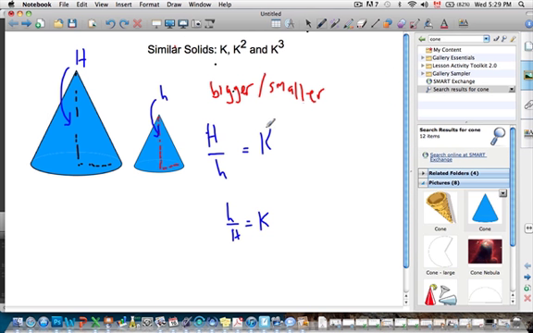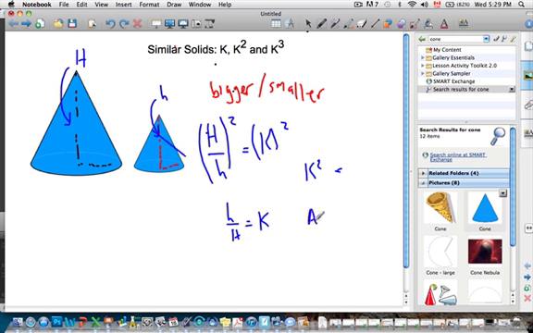The cool thing is that if you square this relationship, k squared is what you need to multiply by to get from this to this in anything in the second dimension.